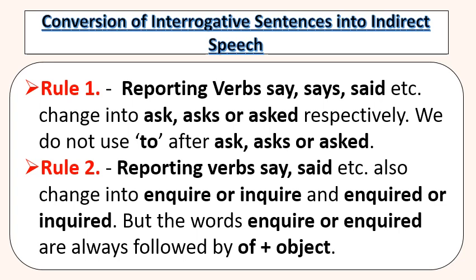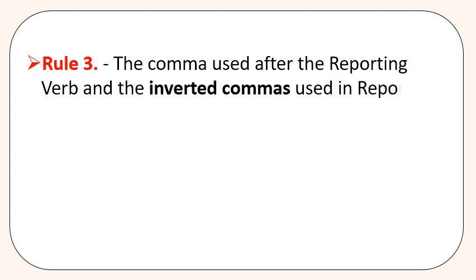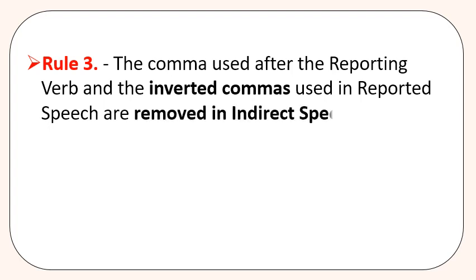But the words inquire or inquired are always followed by "of" plus object. It will change according to the sense of the sentence. Rule number 3: the comma used after the reporting verb and the inverted commas used in reported speech are removed in indirect speech.